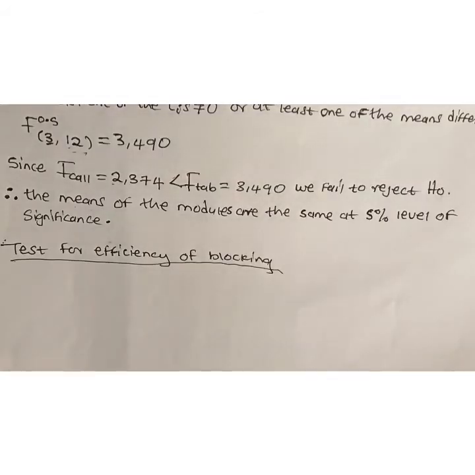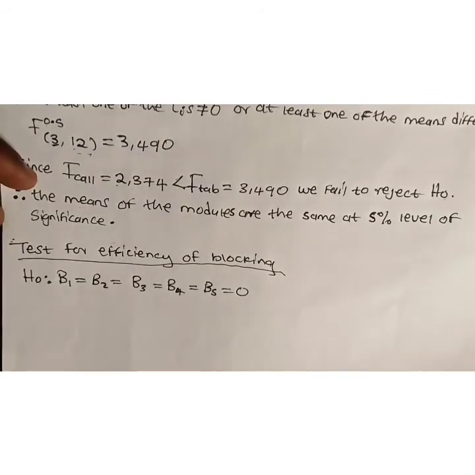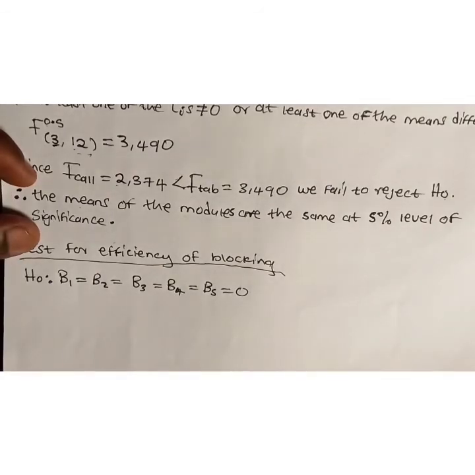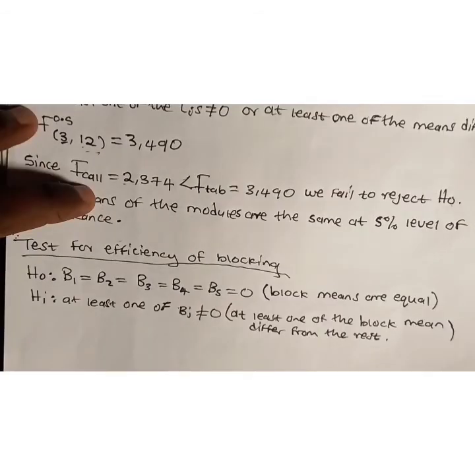So my null hypothesis will be the effects of blocks are all equal to 0, or the block means are equal, and my alternative will be at least one of the bj is not equal to 0, or at least one of the block means differ from the rest.